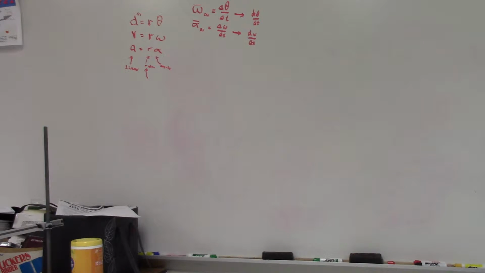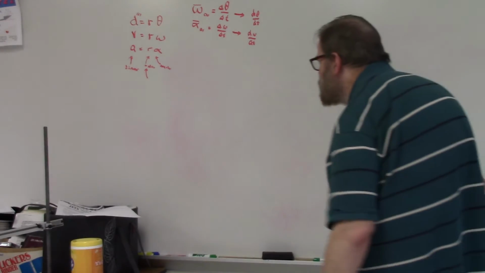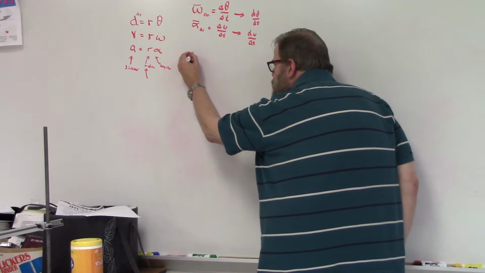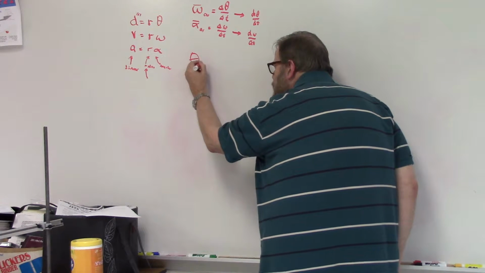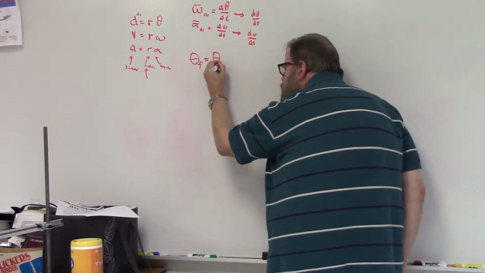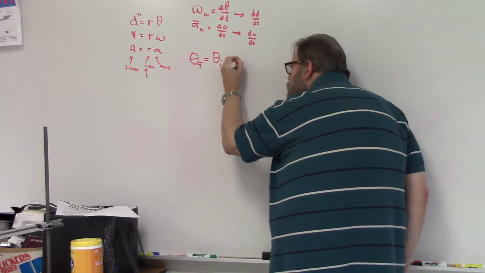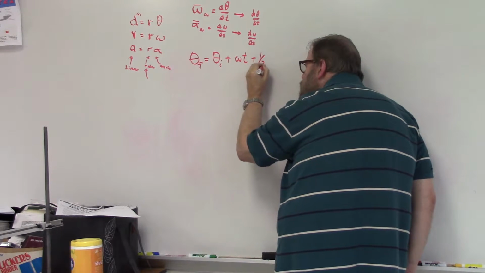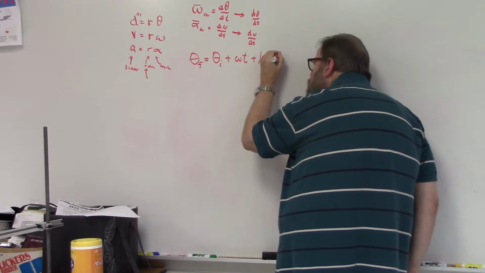We had, for constant acceleration, three major equations that we used all the time. And here's their rotational analogy. You may have recognized it. My angle final, theta final, is equal to my angle initial, theta initial, plus omega initial t plus 1/2 alpha t squared.